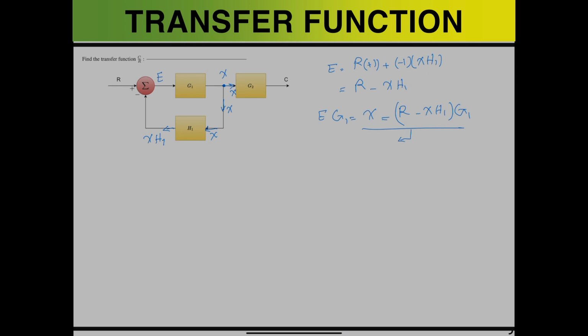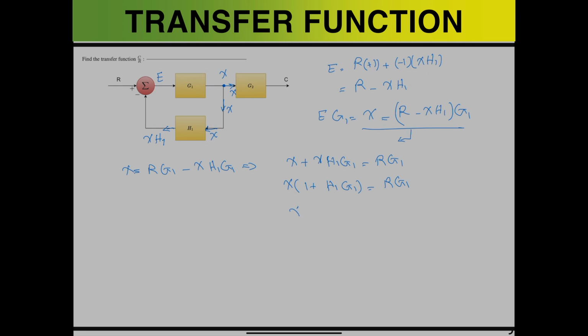So if we simplify that, we have X equals R G1 minus X H1 G1. We can move the second term to the right side: X plus X H1 G1 equals R G1. And if we factor out X, it would be X times 1 plus H1 G1 equals R G1.